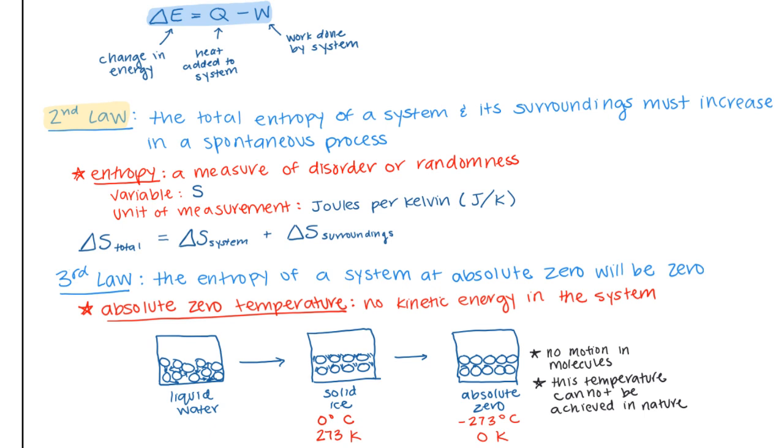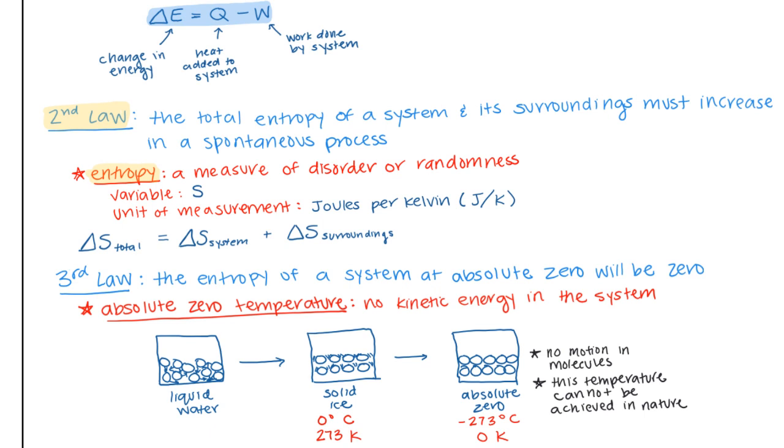Now, entropy is simply a measure of disorder or randomness in the universe. I know that seems odd, but keep in mind our universe is made up of tiny particles of matter.